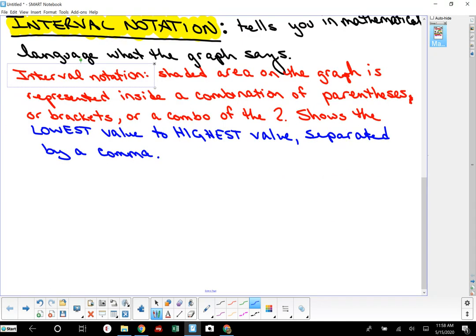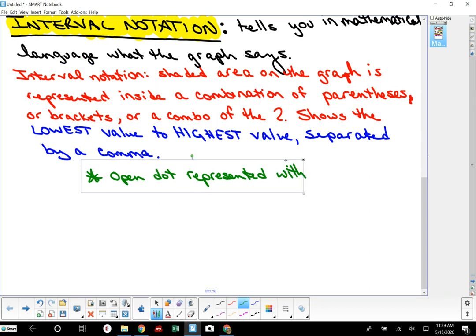Okay, so here's the next thing that you need to know. If you have an open dot on the graph, that's represented with parentheses. Let me make an amendment to that.